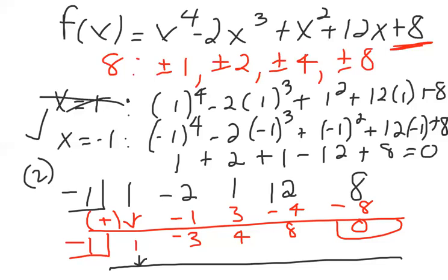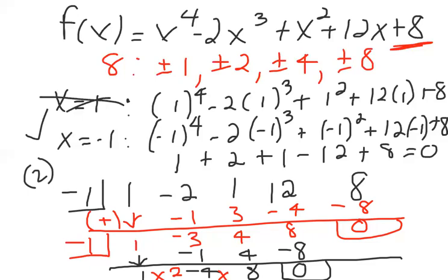I'm going to drop the 1. 1 times -1 is -1. We add, we get -4. -4 times -1 is +4. We add, we get 8. 8 times -1 is -8. We add, we get 0. And again, that's expected. Now, guys, time to fill in those variables, starting with x squared followed by x.